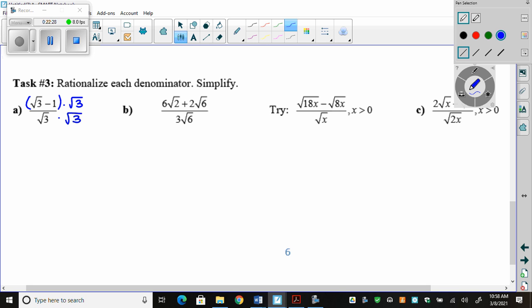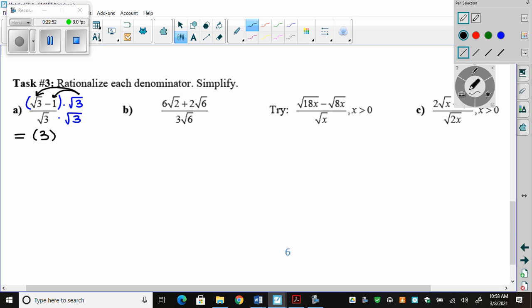Okay? So, next thing is to distribute the top, which we didn't have to do last time because it was monomials. So, root 3 times root 3. What do we get? 3 in brackets. And we get an equal sign. We agree? So we get a 3 in brackets. Then we have to distribute, because there's a minus sign in here, right?